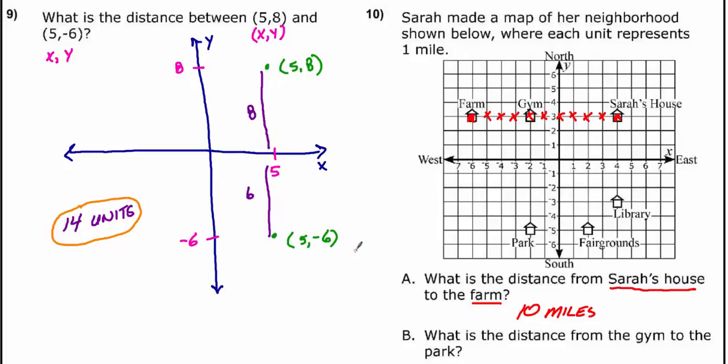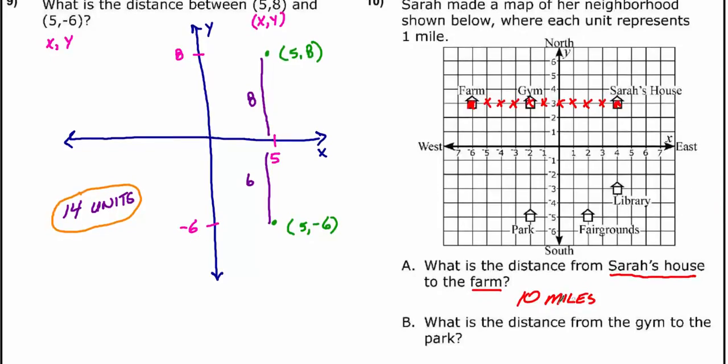We have to walk past the gym. And what's the distance between the gym and the park? We walk 1, 2, 3, 4, 5, 6, 7, 8 miles.